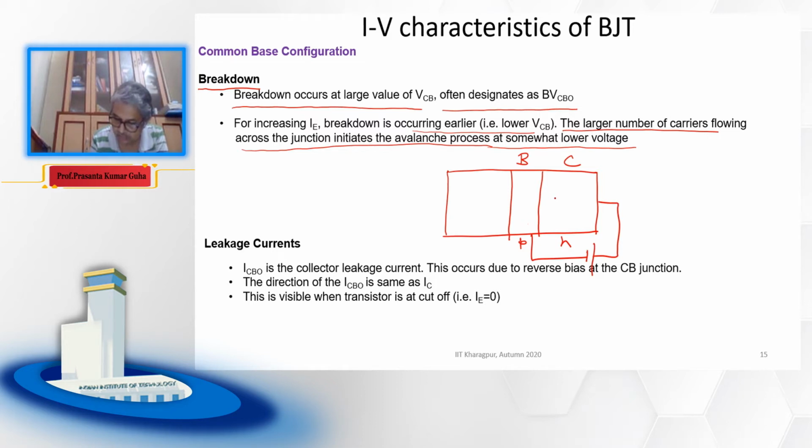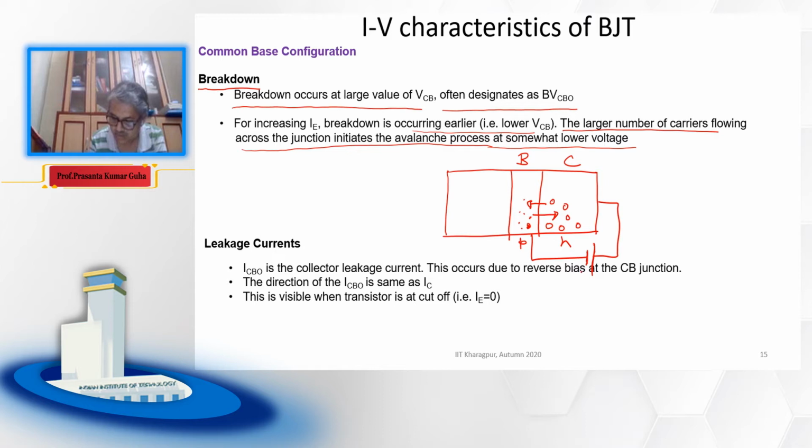It occurs because electrons are there as minority carriers in the p base region. These electrons will be attracted by the positive terminal of the battery, and there are holes in the collector, because this is n region. So there are minority carrier holes, and they will be attracted and come to the base because of the negative terminal of the battery.